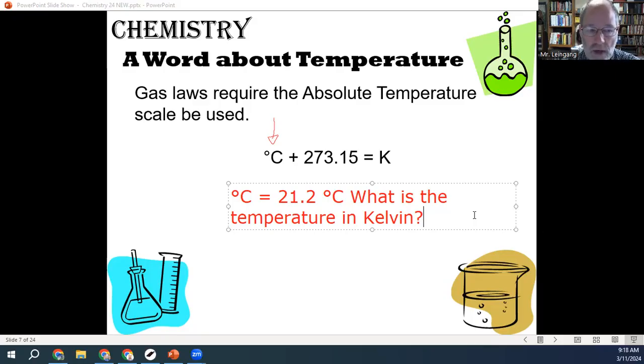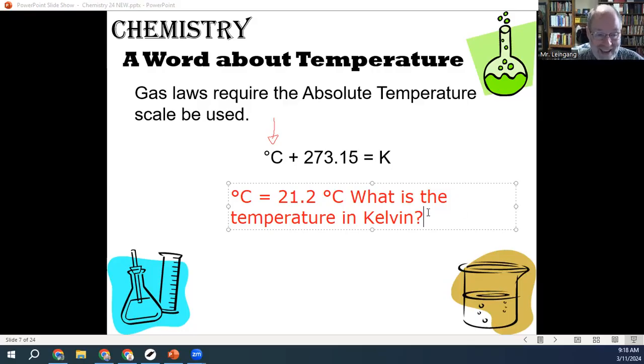But the number of significant figures isn't what you care about, because this is an addition problem. Whenever we do addition, we care about the place value of the significant figures.